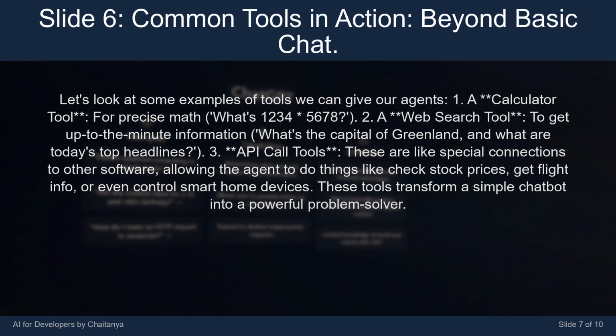And what are today's top headlines? 3. API call tools. These are like special connections to other software, allowing the agent to do things like check stock prices, get flight info, or even control smart home devices. These tools transform a simple chatbot into a powerful problem solver.